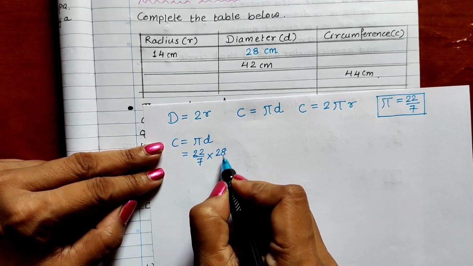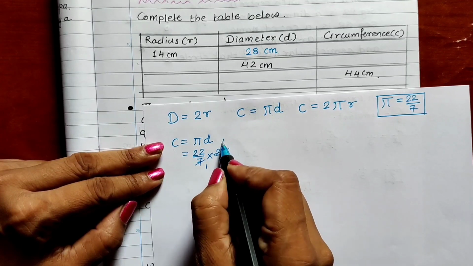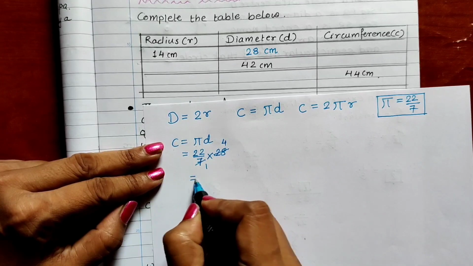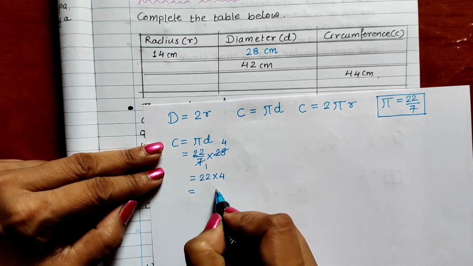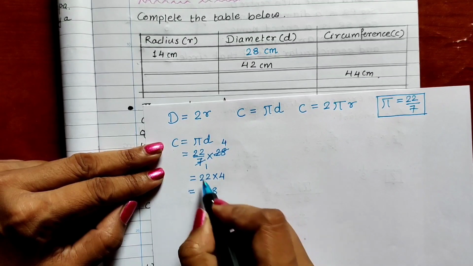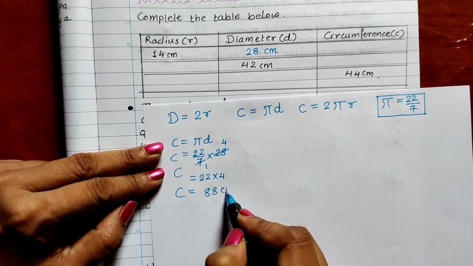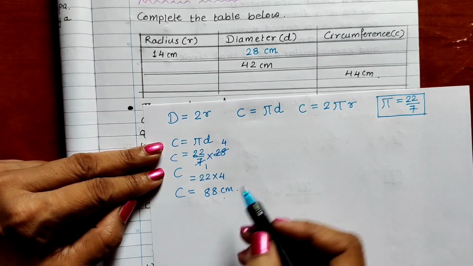Now we can cancel this 28 by 7. 7 ones are 7. 7 4s are 28. So this 7 in the denominator is cancelled. What is remaining? 22 into 4. 4 2s are 8. So circumference is 88 centimeter.